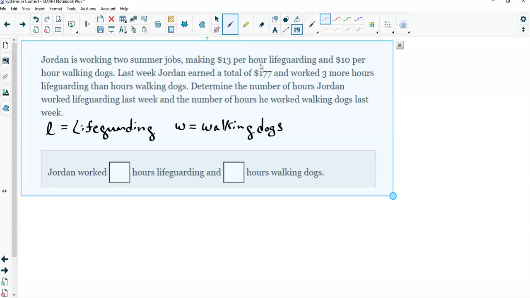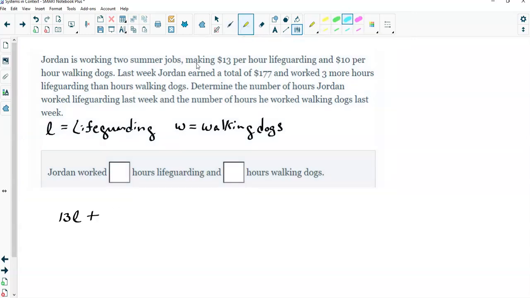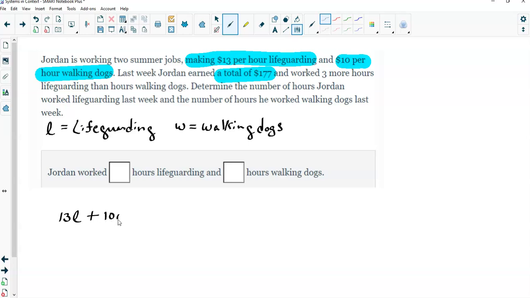He makes $13 per hour lifeguarding, so I would say it's 13L plus, notice this is dollars, right? Making $13 per hour lifeguarding and $10 per hour walking dogs. He made a total of $177. So you notice dollars for total. So $10 walking dogs, so 10W, and that equals $177.